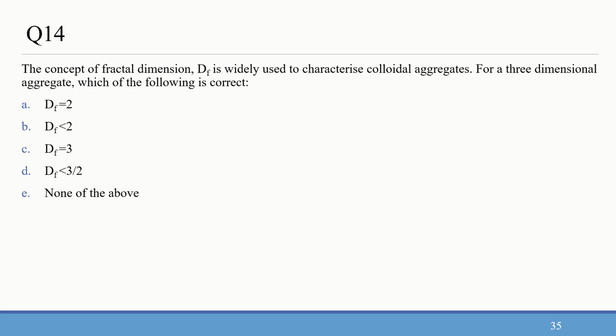The answer is none of the above, that we all know by now, so option E is the right answer. But if none of the above is the answer, which is the correct solution? Think for a minute and we will discuss.